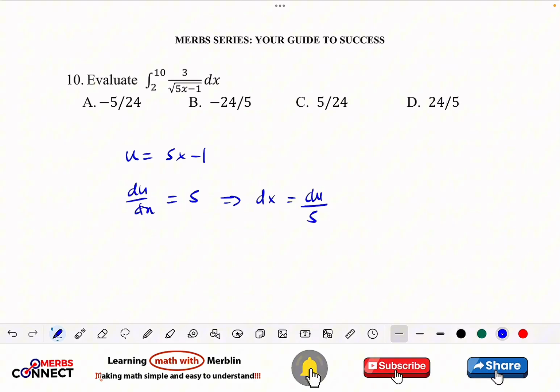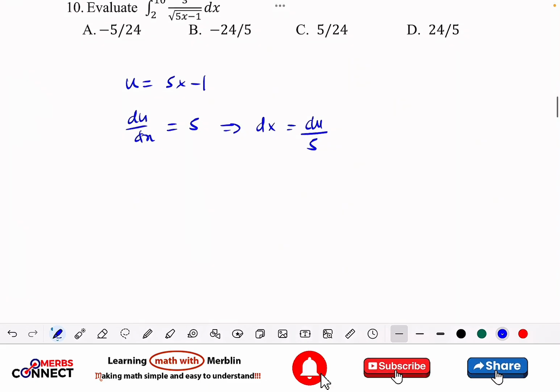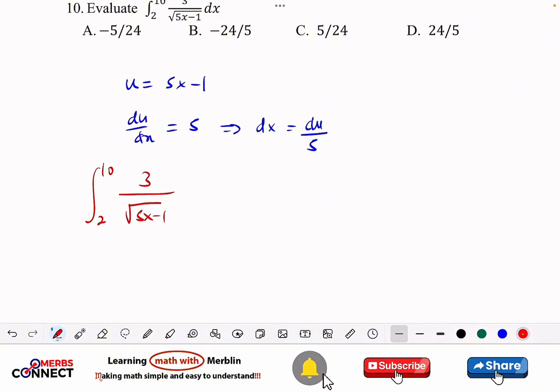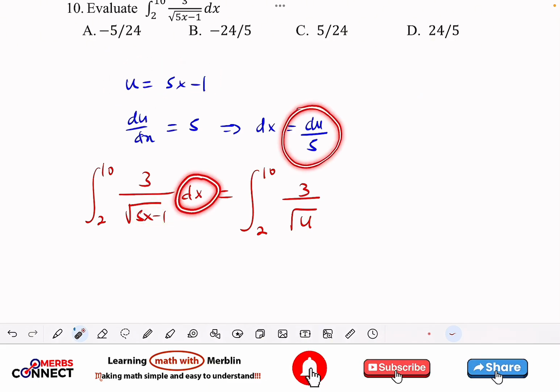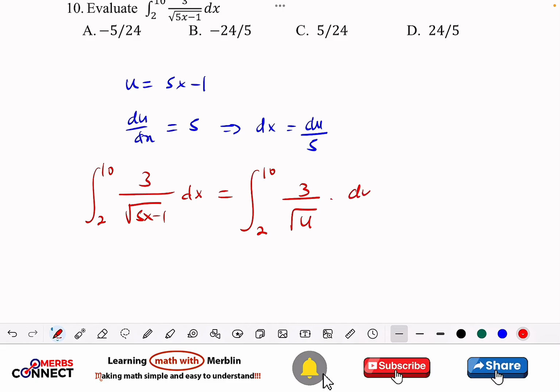Now let's plug them in. The integration from 2 to 10 of 3 divided by square root of 5x minus 1 dx will now be equal to the integral from 2 to 10 of 3 divided by square root of u times du over 5.